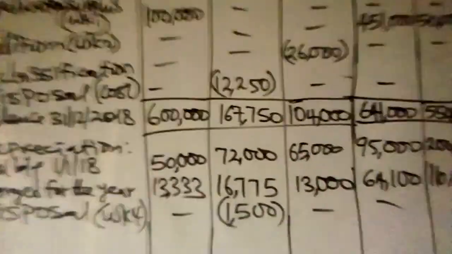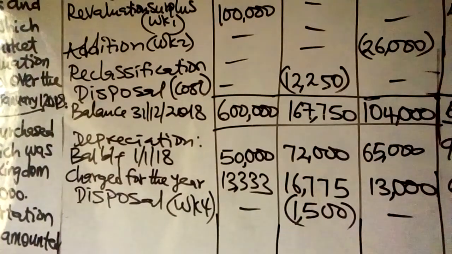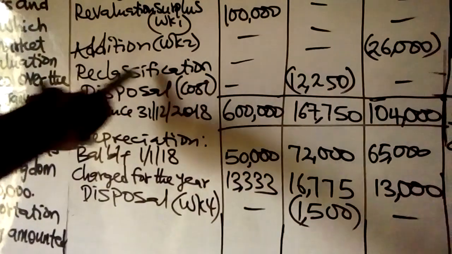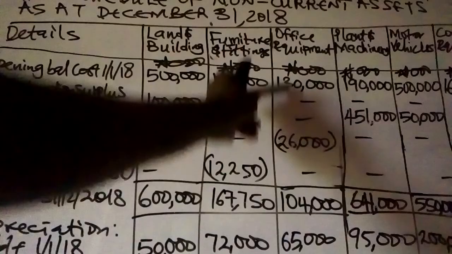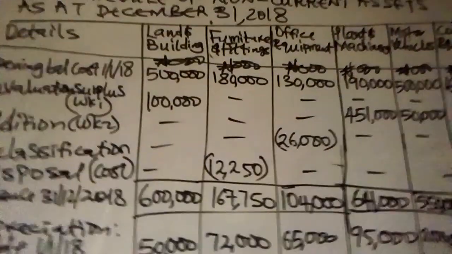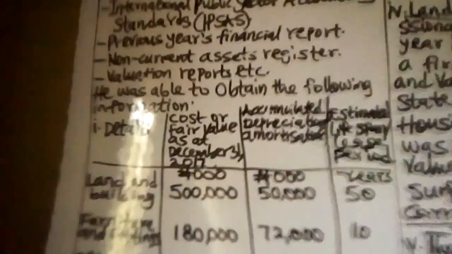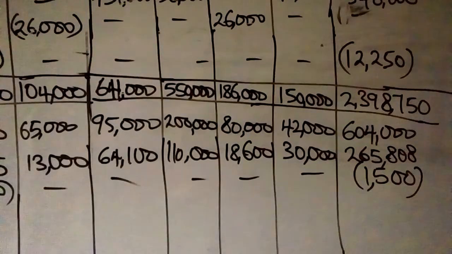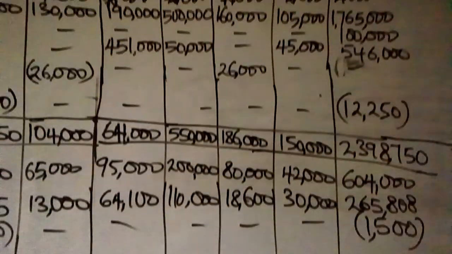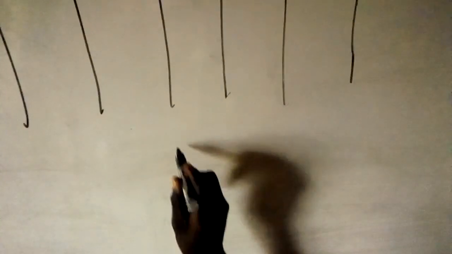The asset that was reclassified, 26,000, is office equipment. Now, what is the life of office equipment? It was 8 years. Then the depreciation that has been charged so far on the office equipment that was reclassified.